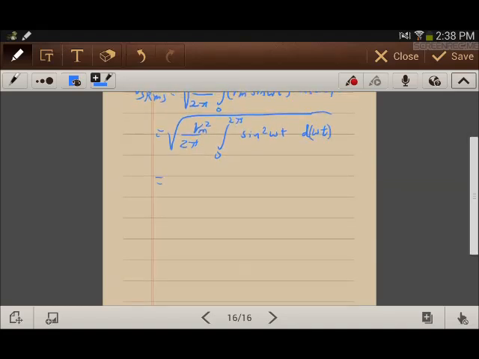So now it's V maximum square over 2 pi from 0 up to 2 pi. Sine square omega t has no direct integral, so we will use the trigonometric identity, which is 1/2 minus cosine 2 omega t over 2, d omega t.